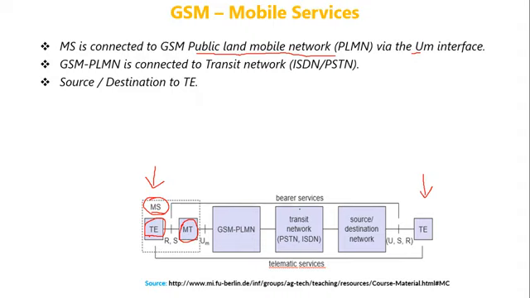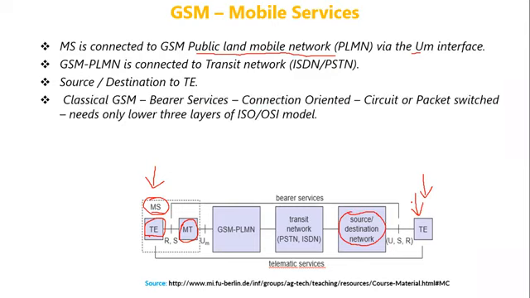The connection may not go through just one base station; it may go through several, so this block represents several source or destination networks, and finally it connects with a TE. This TE can be a mobile terminal or a fixed telephone. So this diagram represents the reference model of bearer and teleservices.